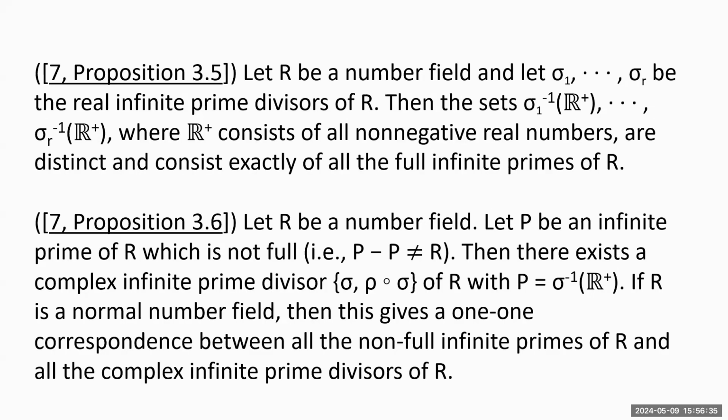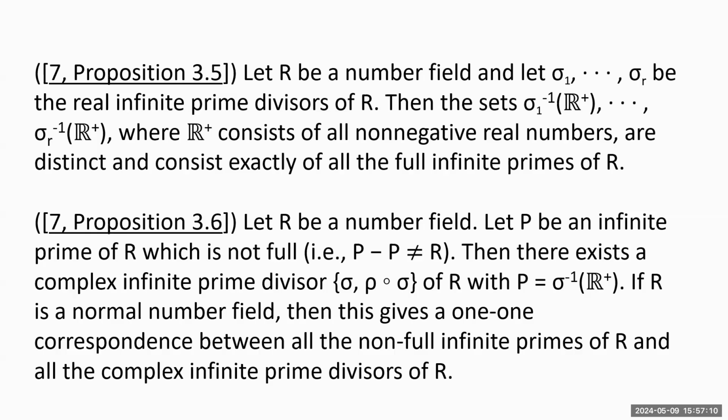He proved the following result. Let R be a number field and sigma 1 through sigma r be the real embeddings. The inverse images of the non-negative real numbers under those embeddings are all distinct and consist exactly of all the full infinite primes of R. So this is a characterization of the full infinite primes of this number field.